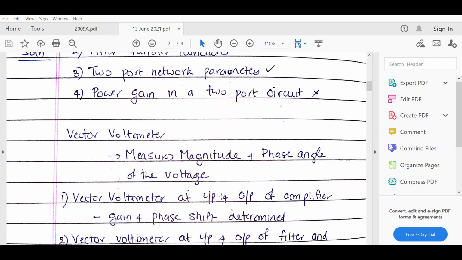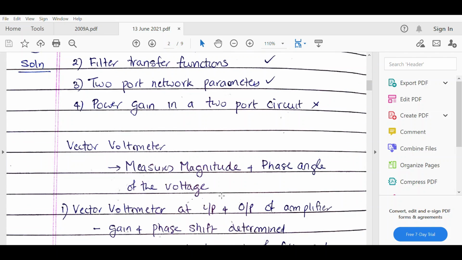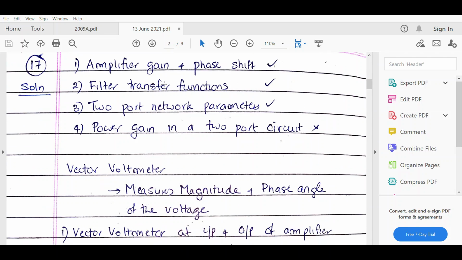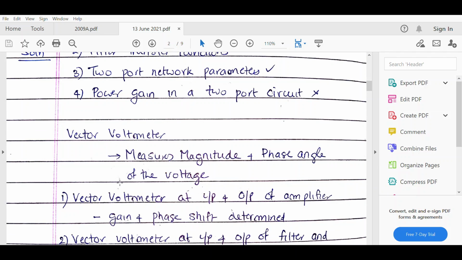Now, to measure the first parameter, amplifier gain and phase shift, the vector voltmeter can be connected at the input and output of the amplifier, and the gain and phase shift can be determined. This process is quite straightforward.